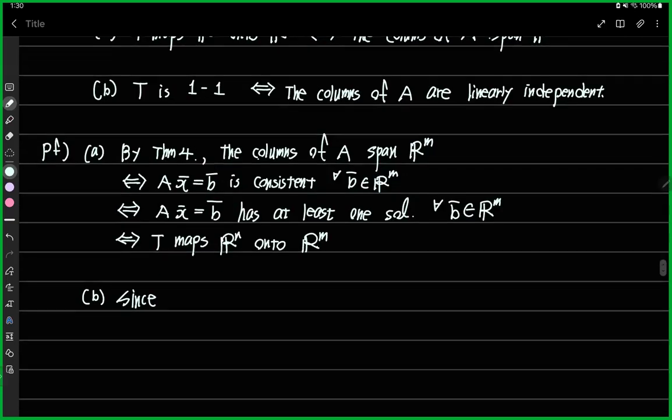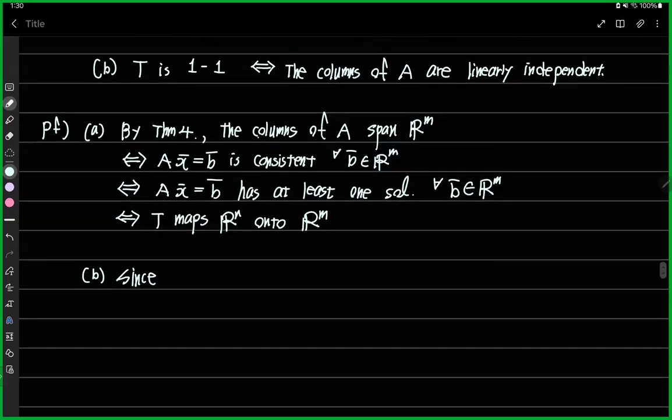Now for the second statement: T is one-to-one if and only if the columns of A are linearly independent.